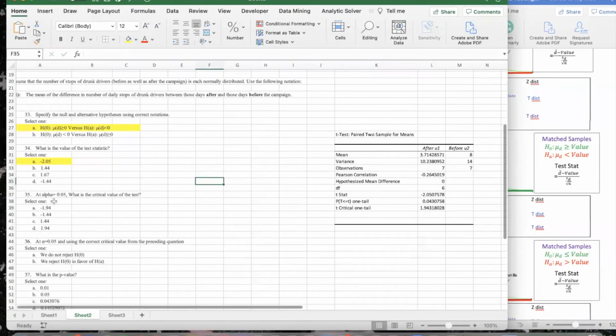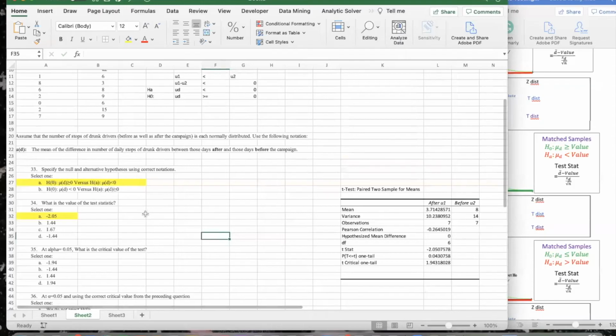Now it's asking at alpha 0.05, what is the critical value? Now this is something that you need to be careful with. Because our alternative is less than, our critical value has to be negative, always. In any hypothesis test problem, any chapter 9 problem, any chapter 10 problem, if your alternative is less than, your critical value has to be negative.